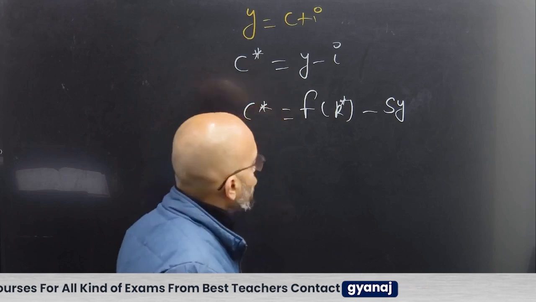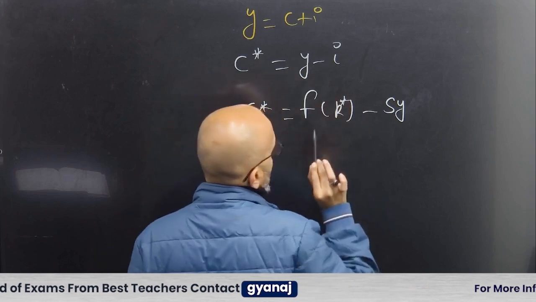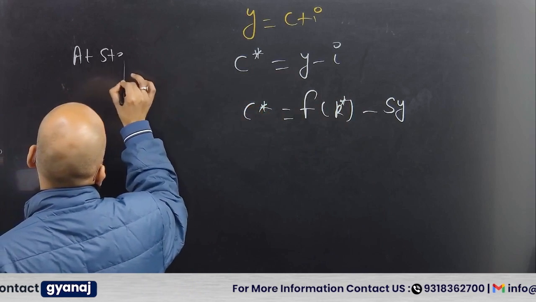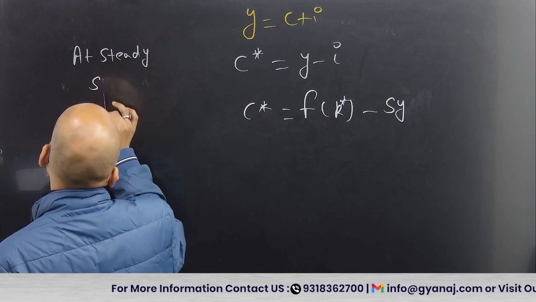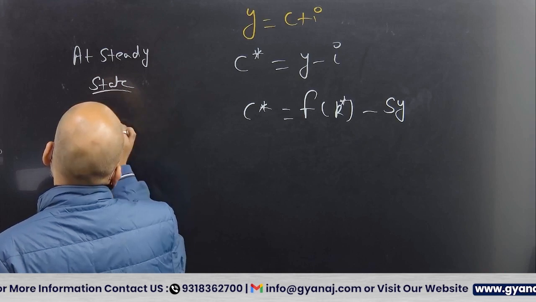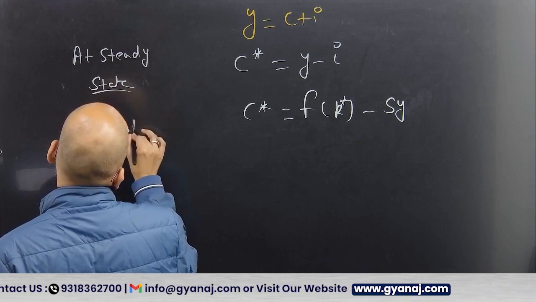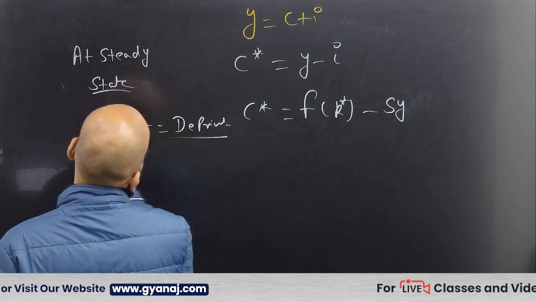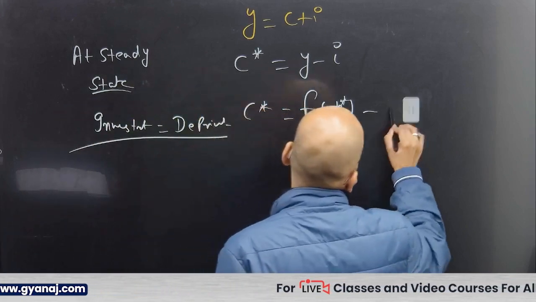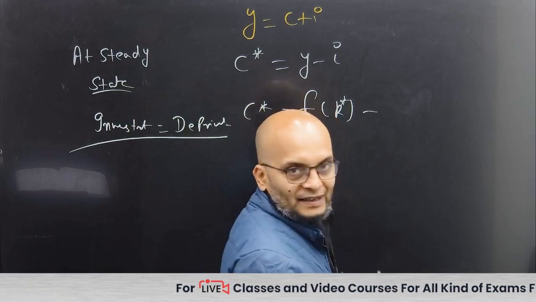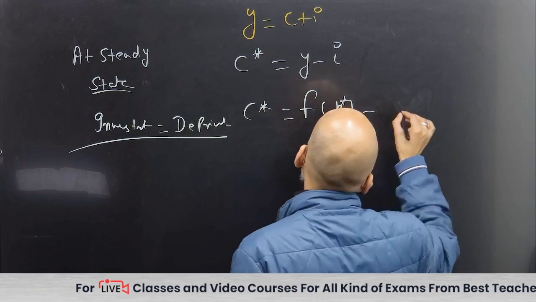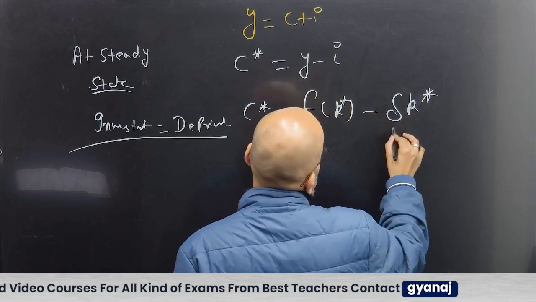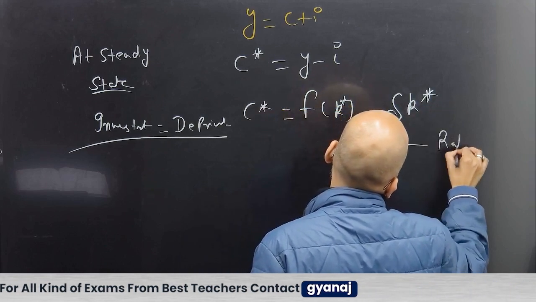Now pay attention to one fact, that at steady state, your investment is equal to depreciation, right? So in place of investment, I can write del K star, where del is the rate of depreciation.